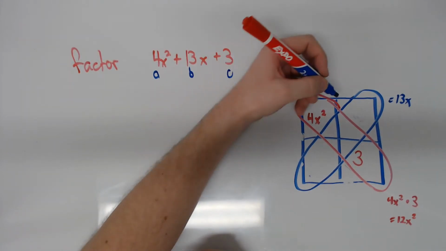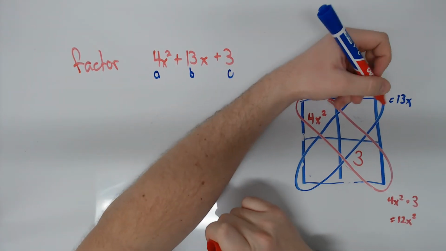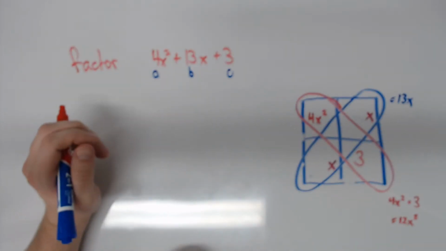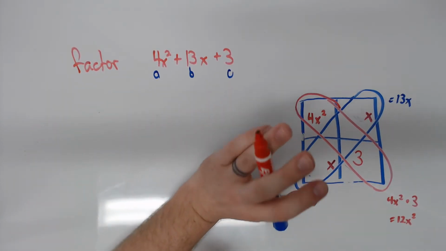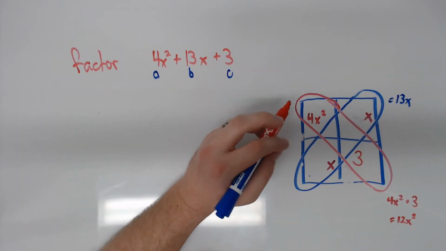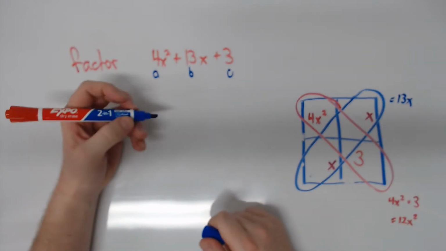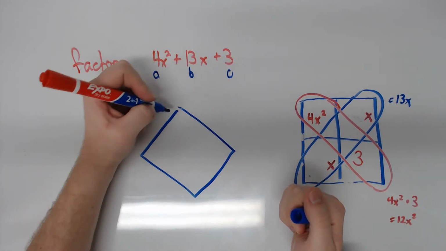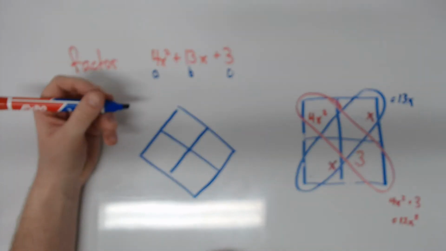One thing we know is that they're both going to have an x. That's one thing we know for sure, is that these are both going to have an x. So we just have to look at the numbers. So here's where the number puzzle comes in. And we're going to start organizing this like a diamond, just so it gets familiar. I don't know if you've ever done these before, but if not, it's just a little way to organize our work.